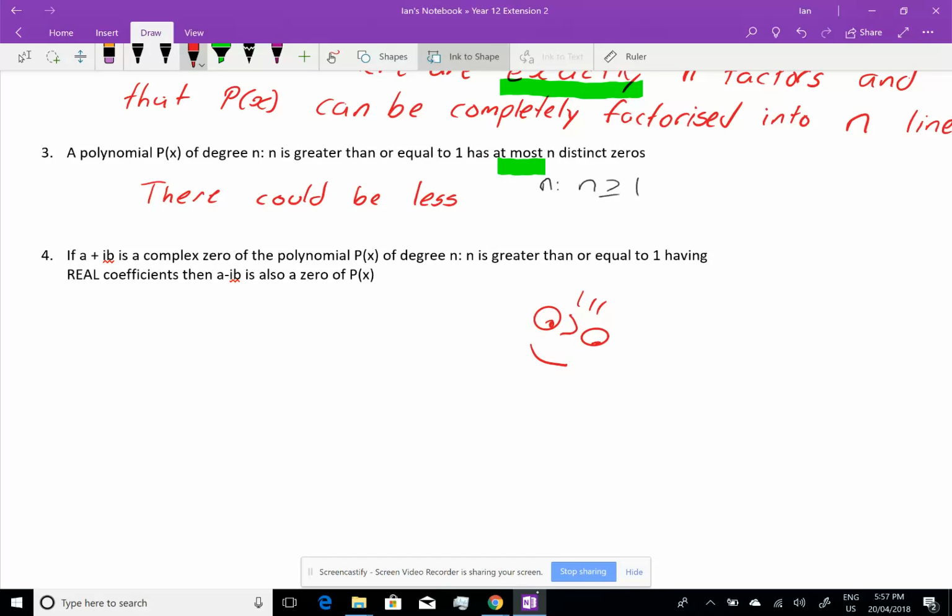if a + bi is a complex zero of the polynomial p(x), then we'll also have a − bi. So we'll have the complex conjugate. So we already saw this.